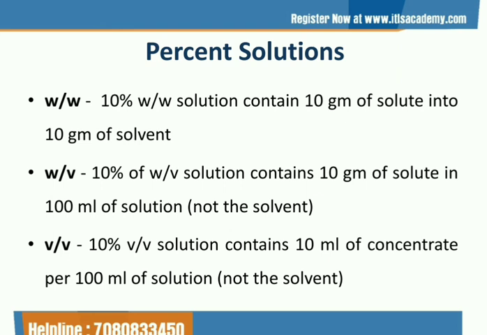Let's discuss percent solutions. Percent solutions are of many types, and we are going to discuss here weight by weight, weight by volume and volume by volume percent solutions. Let's discuss weight by weight percent solution. A 10% weight by weight solution contains 10 grams of solute in 10 grams of solvent.